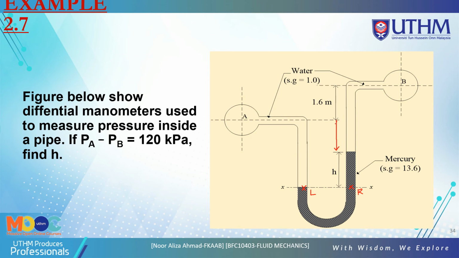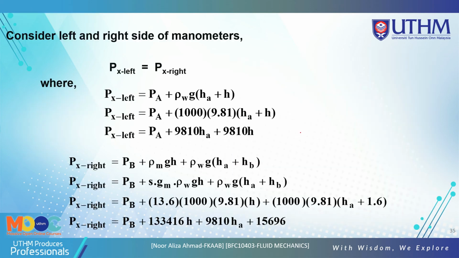Let's put this as HA, because we don't know the HA of this. So we get HA plus H for the left side, with the density of water for the left side, in terms of this equation, HA plus H.